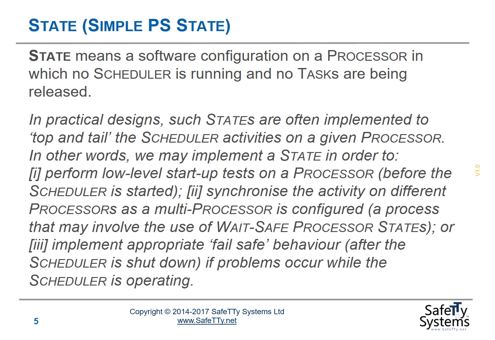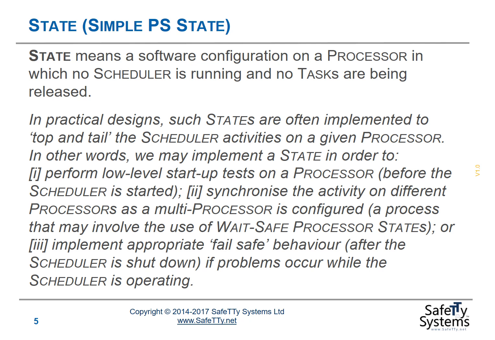You might like to look up wait-safe processor state in Appendix 1 of the ERES 2 book. The third way in which we use states is typically to implement fail-safe behavior on a given processor after the scheduler is shut down, if a problem occurs during the processor or system operation.